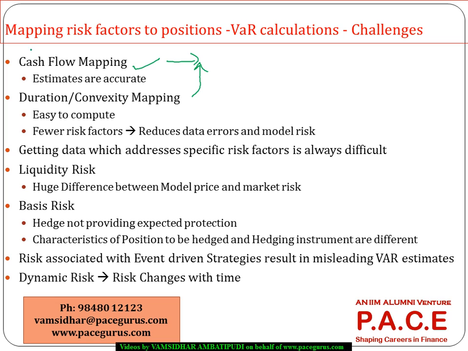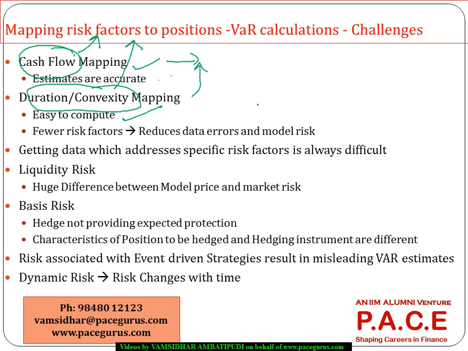Which means I try to identify the estimated cash flows in each of the periods, and based on that I associate risk factors to them, or I try to compute the current duration or convexity associated with my positions and map the risk factors to them. The former one is accurate but very difficult to compute, whereas the latter one is easy to compute.